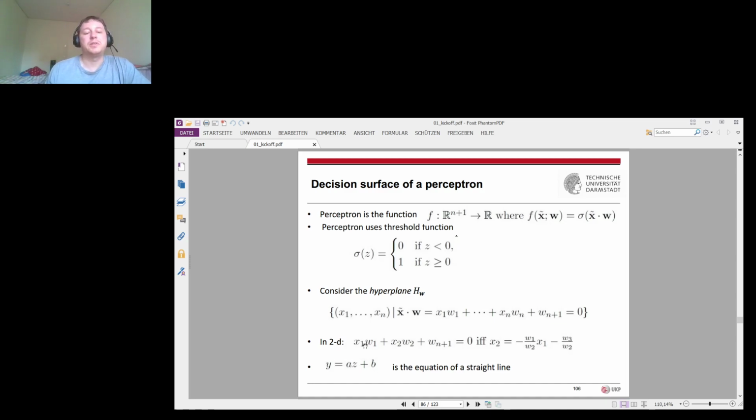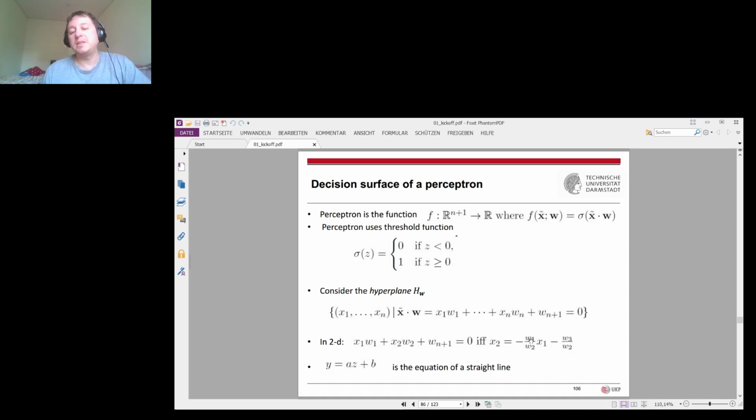And in two-dimensional space, we can just rewrite it ourselves. We just have two values, x1 and x2. So the equation becomes x1 times w1 plus x2 times w2 plus w3, because there's an additional 1 in here, which we multiply with w3, equals 0.